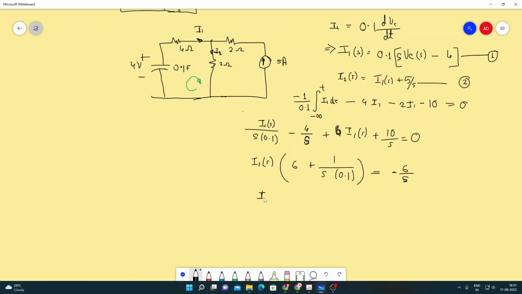Now I can write I1(s) equals minus 6 by 6s plus 10, that is equals minus 1 by s plus 10 by 6.